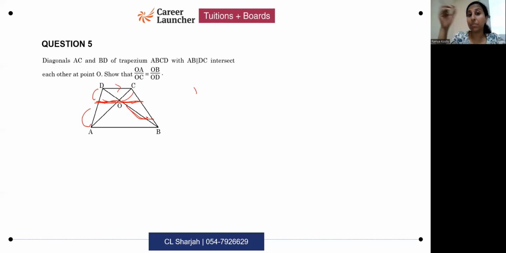So let's say in the exam, this comes as a BPT proof you're proving, and then they're asking you, using this theorem, prove this. Then you cannot use similarity because they've mentioned use the BPT theorem to prove this. That time you will be forced to construct this small line here. Just this is enough. So construction will be EO parallel to CD. If EO is parallel to CD, obviously EO will be parallel to AB because AB and CD are already parallel.